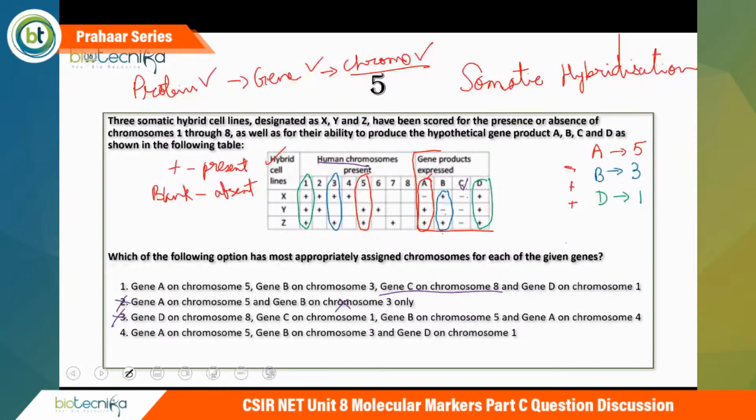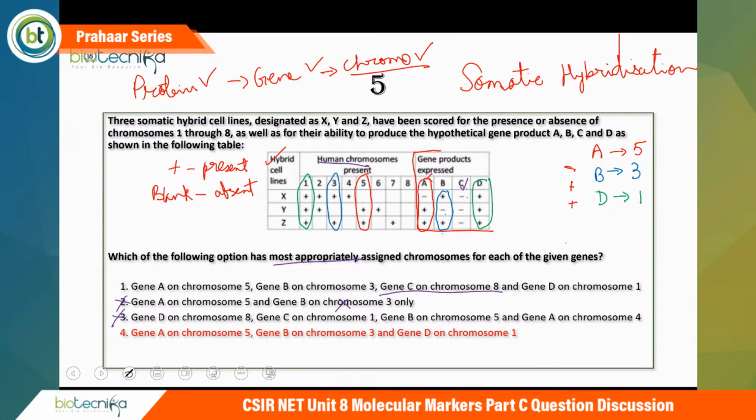Option 4 is correct, because even though 8 is absent and C is absent, we cannot do the correlation here, because along with chromosome number 8, all other chromosomes till chromosome 22 plus the sex chromosomes are also absent here. So the C gene can be present on any of those absent chromosomes. That is something we cannot conclude appropriately. That's why the answer is not option 1, but option 4.